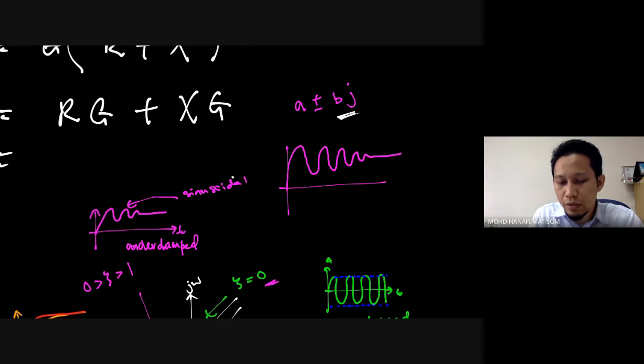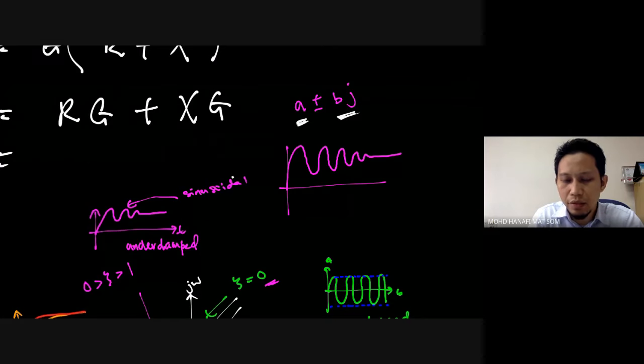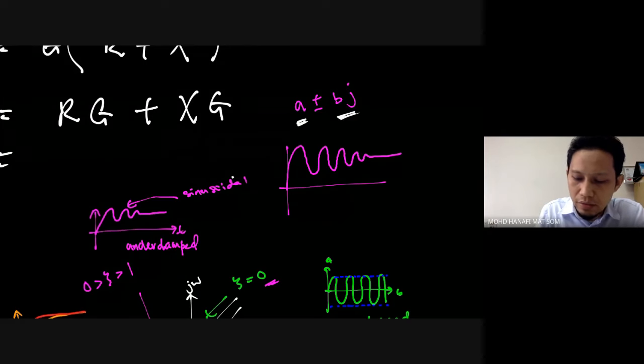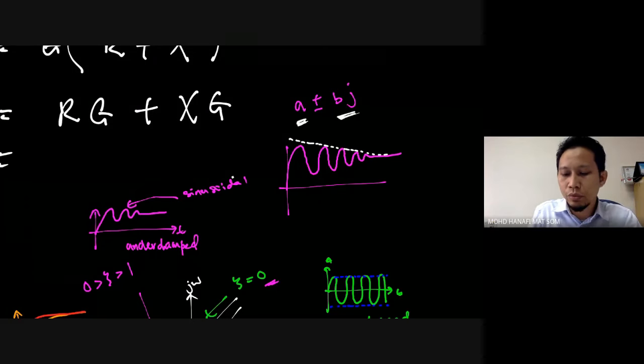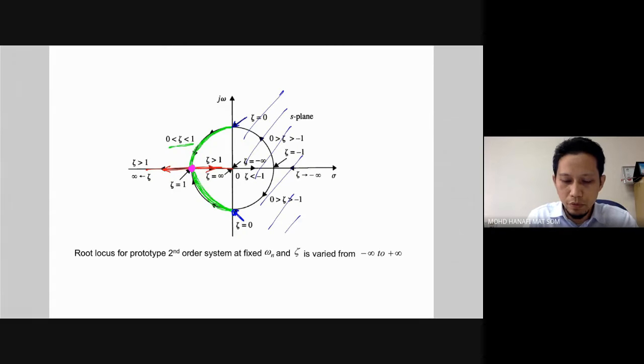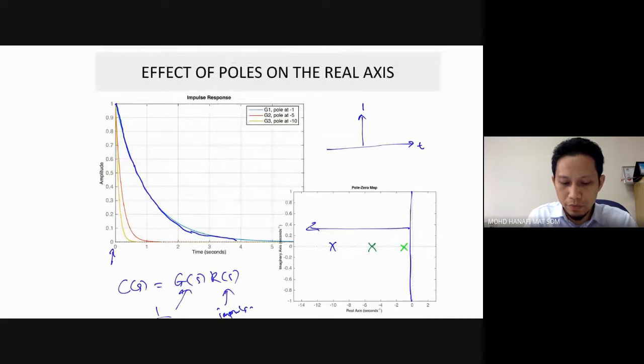The oscillation is caused by the natural frequency here. And then what makes the oscillation decay is the expression A here. The A here is like an envelope to suppress the oscillation. Remember the plot of the impulse that I have shown in the previous slide.